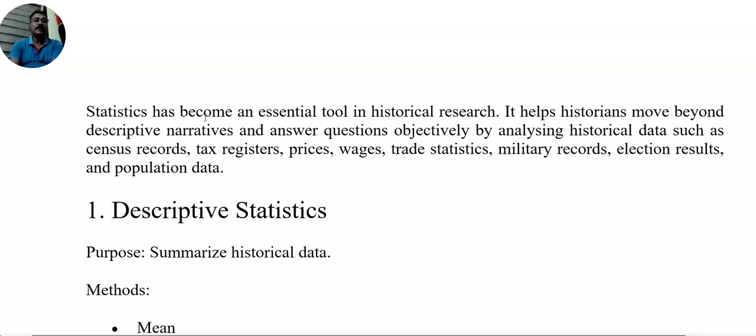Statistics has become an essential tool in historical research. It helps historians move beyond descriptive narratives and answer questions objectively by analyzing historical data such as census records, tax registers, prices, wages, trade statistics, military records, election results, and population data.